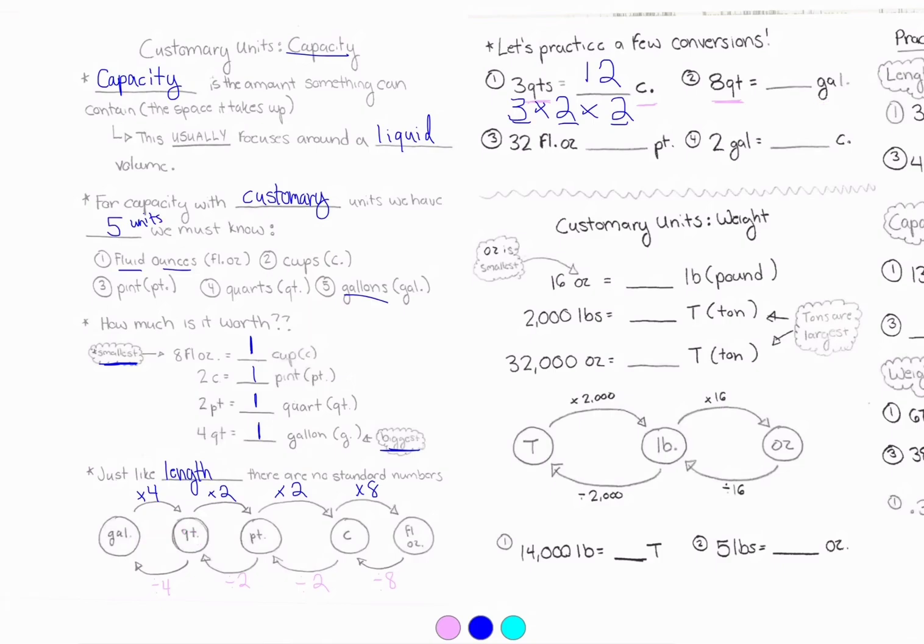I'm actually going to follow the pink ones because I need to travel this way. So what do I need to do? To go from quarts to gallons, I need to divide by 4. So 8 divided by 4 is 2. That means there are 2 gallons in 8 quarts.